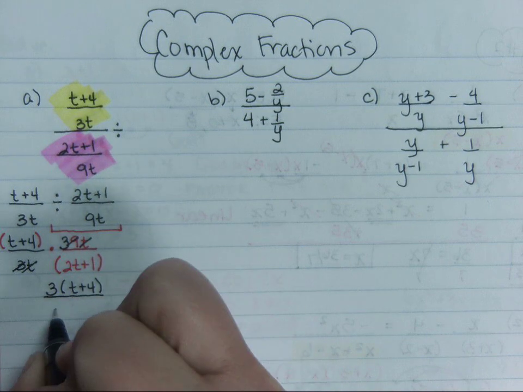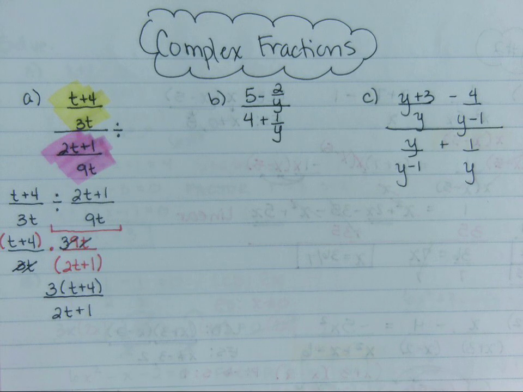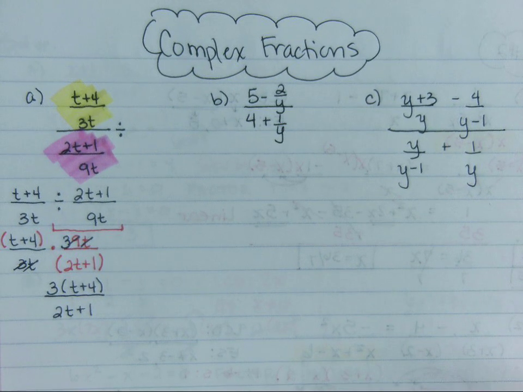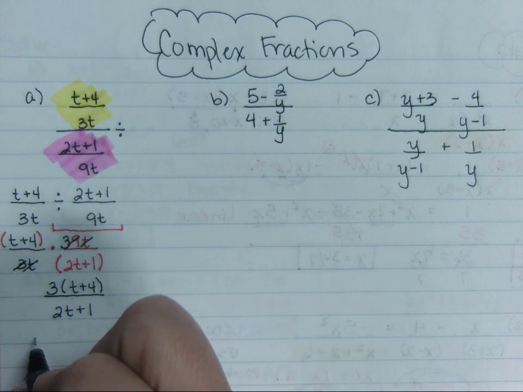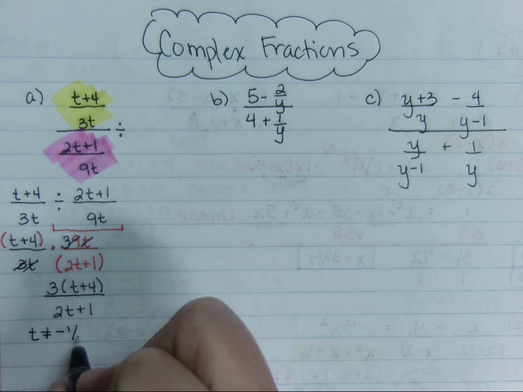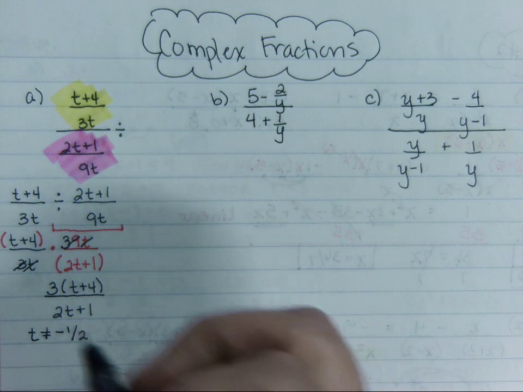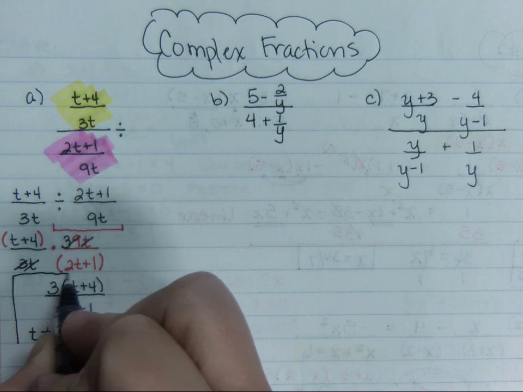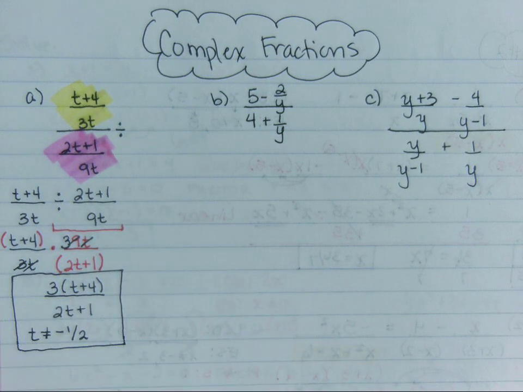And in the denominator, I have 2t plus 1. And so this is my simplified fraction. I'm not allowed to simplify this any further, but I do need to include my restriction that t is not equal to negative 1/2. So we still have to look at when the denominator is going to be equal to 0, so that way we can simplify our fraction and know the restriction.